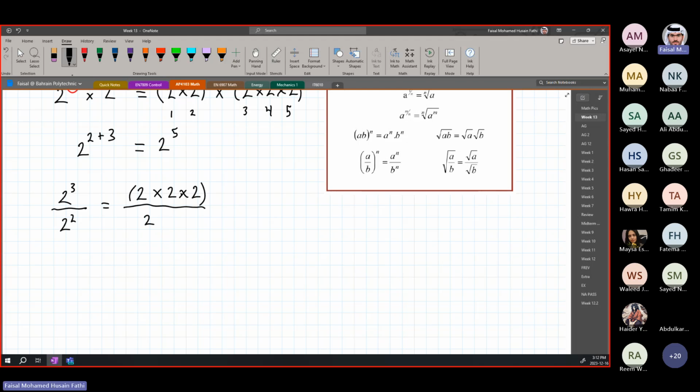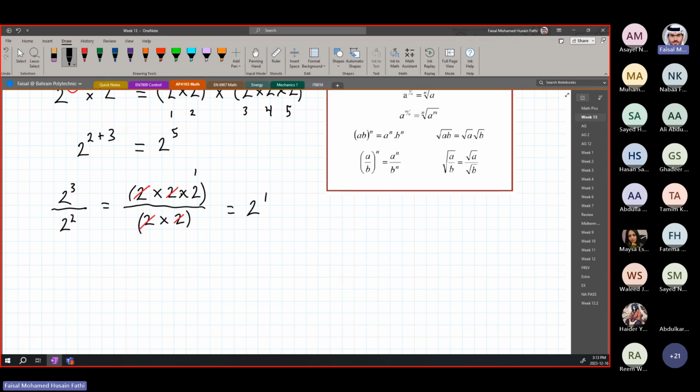This is like saying 2 times 2 times 2 on top, and 2 times 2 at the bottom. If you notice here, you can cancel the first 2 with the first 2, and the second 2 with the second 2, and you will be remaining with 2. So this is equal to 2 to the power of 1.